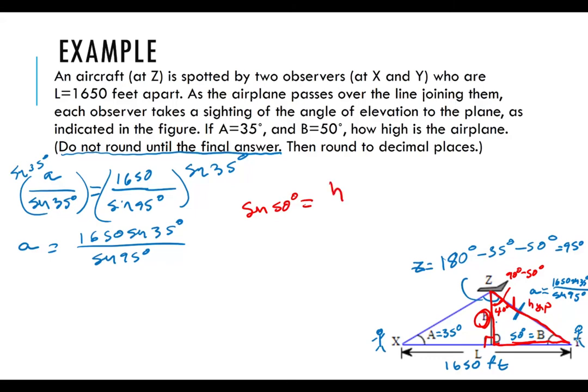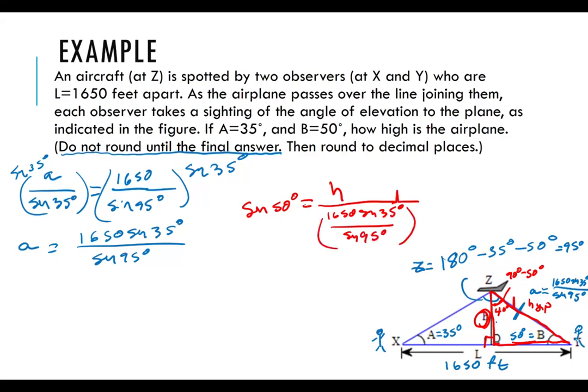It's that h that's written there. That's the thing I'm trying to find. Divided by this thing that I found here, which is 1,650 sine of 35 degrees over sine of 95 degrees. Like I said, it's a little tedious, but there's really nothing wrong here.